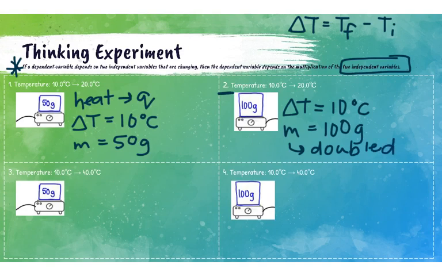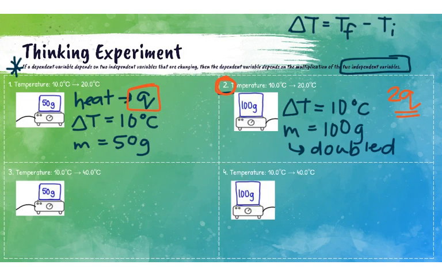Looking back at our first setup, we said that it required this amount of heat in order to change the temperature of that quantity by 10 degrees. If I double my mass in my second experiment, that means I'm also going to have to double the amount of heat that I need to raise that quantity 10 degrees Celsius.